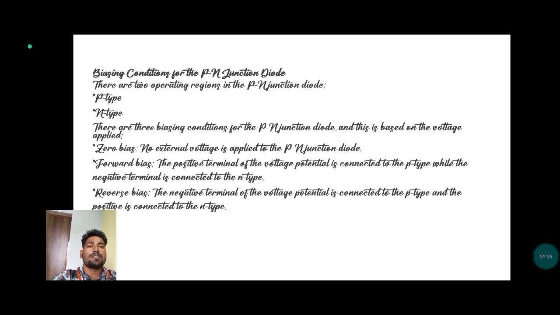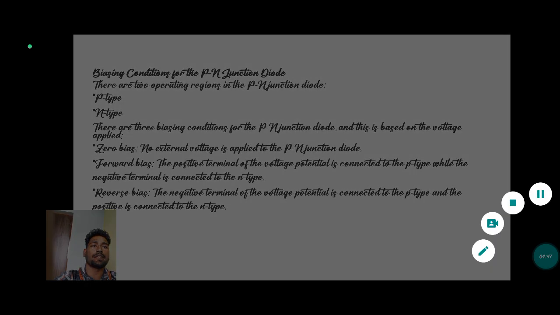Forward bias: the positive terminal of the voltage potential is connected to the p-type, while the negative terminal is connected to the n-type. Reverse bias: the negative terminal of the voltage is connected to the p-type and the positive is connected to the n-type.